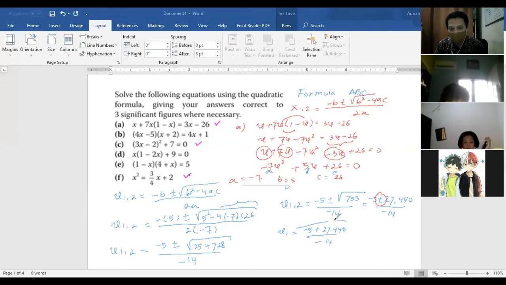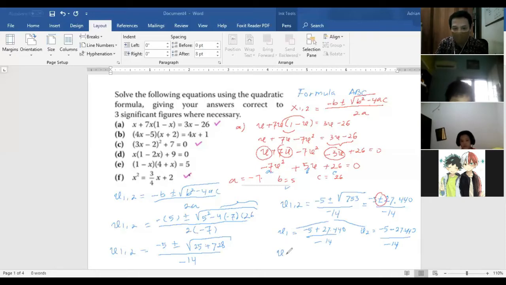And the other one is x2: take the negative, minus 5 minus 27.440 divided by minus 14. You understand? So that's the meaning of the symbol plus minus. In the final answer, you have to separate x1, x2. x1 means the positive, and x2 means the negative. Is it clear, everyone? Clear?